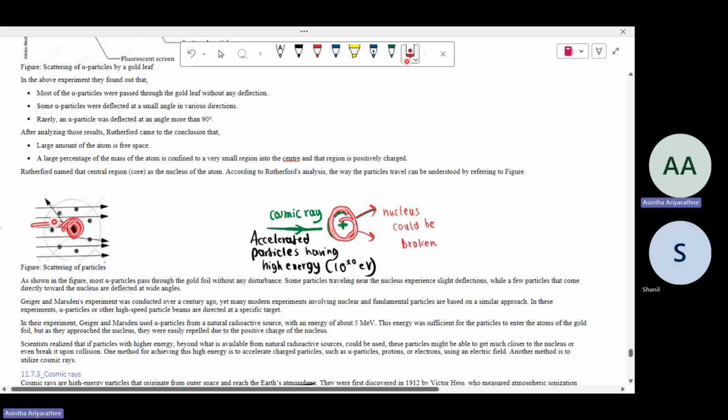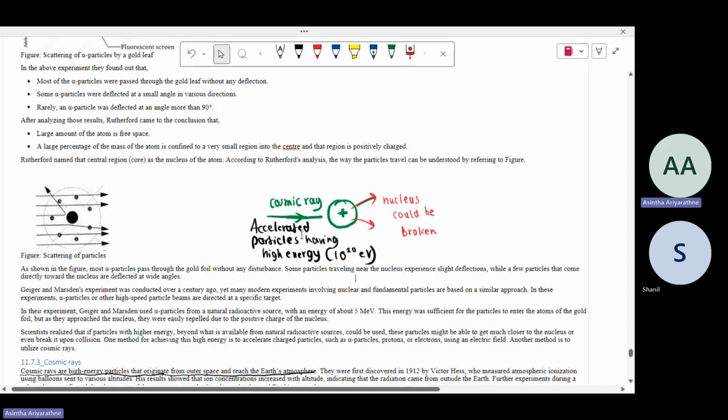When alpha particles are directed towards a nucleus, the nucleus would not break. But if highly accelerated particles are directed towards a nucleus, they would break it into even smaller particles.